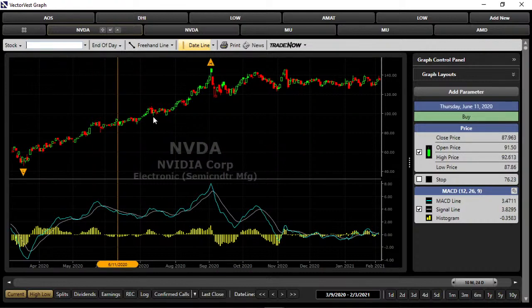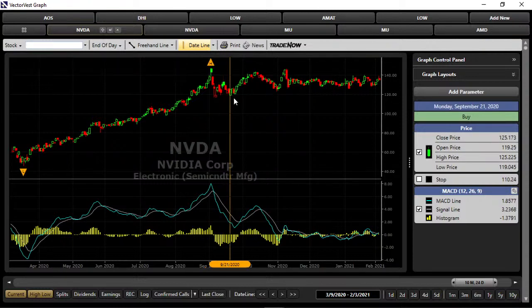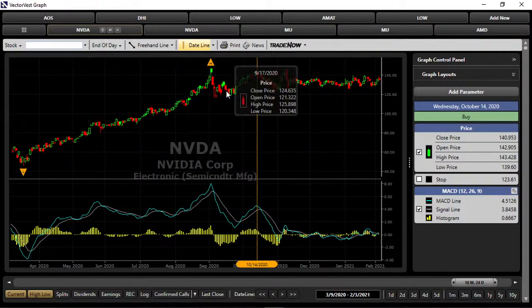Higher high, higher high, higher high, higher high, higher high, higher low along the way, higher high. Uh-oh, okay, so pull back. Not quite a lower low. Little rally, failed. Pull back, higher low. Rally, failed. You're no longer in an uptrend. Can you guys see that? Everybody can see that?